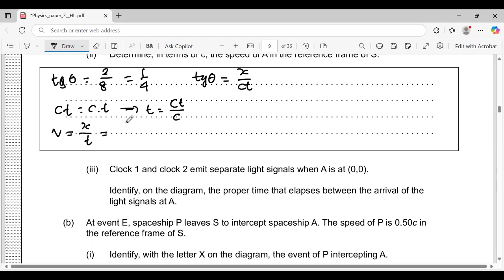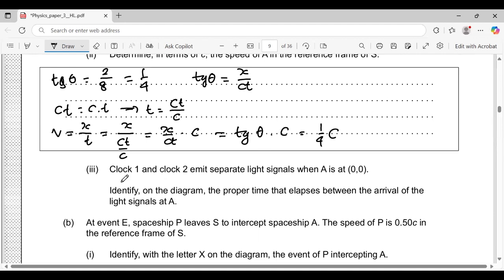Based on this equation, that is x over ct times c. And x over ct is tangent theta, so it is tangent theta times c. Tangent theta is 1/4. So the velocity or speed is 1/4 c.